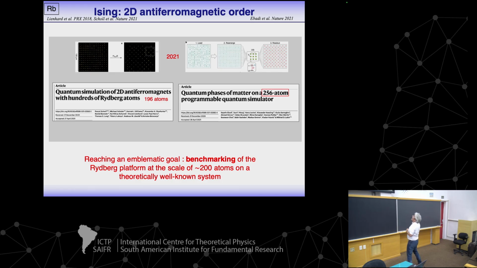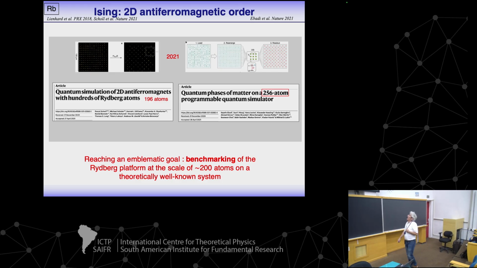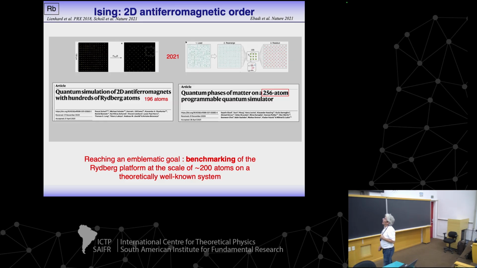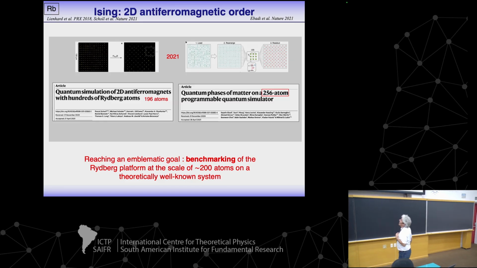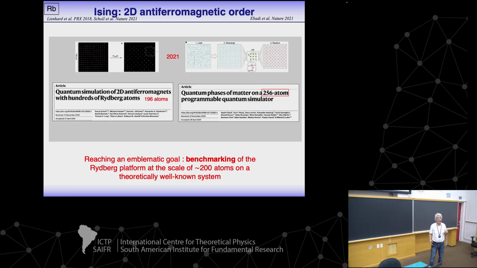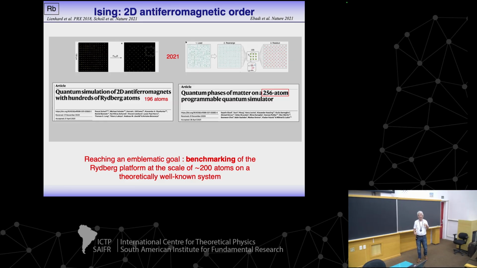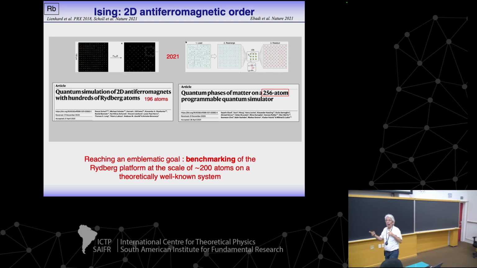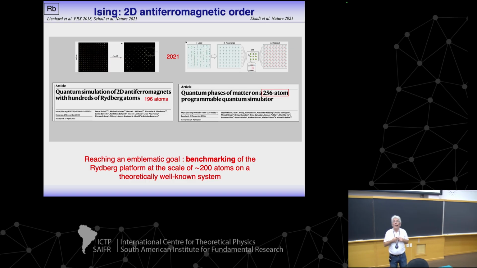So what is this famous antiferromagnetic order? Basically, it consists in generalizing what I explained in one dimension, the fact that when you adiabatically vary the parameters of the system, you can go to a state where one half of the atoms is excited.